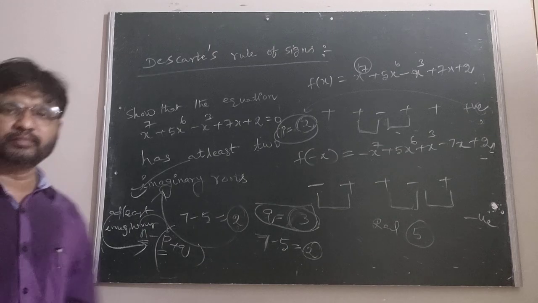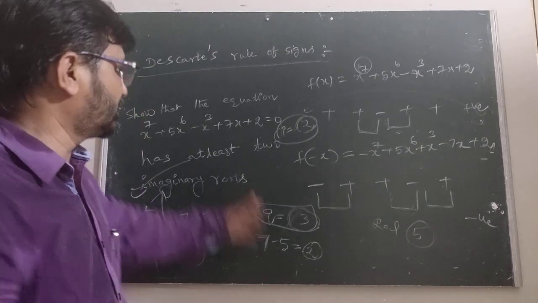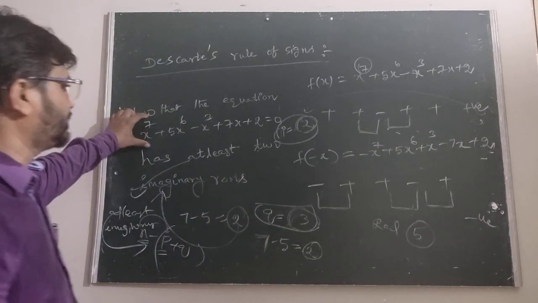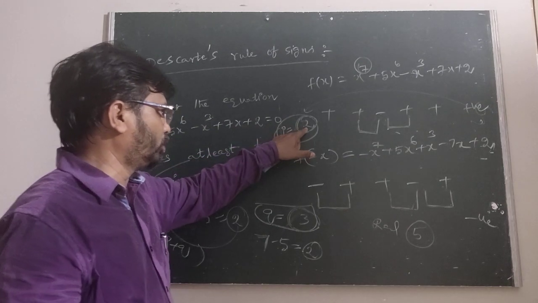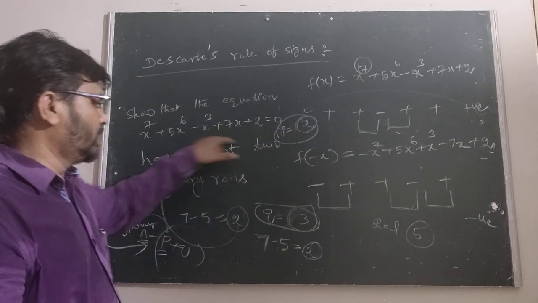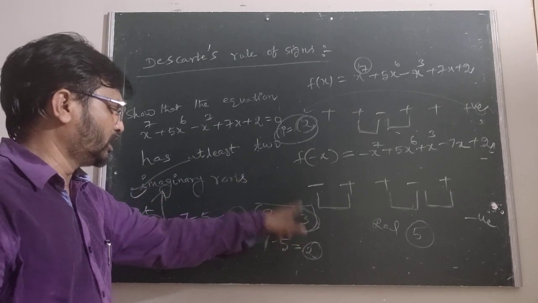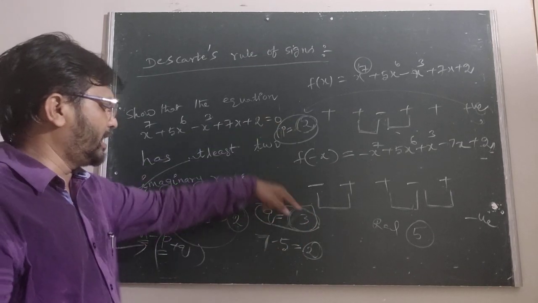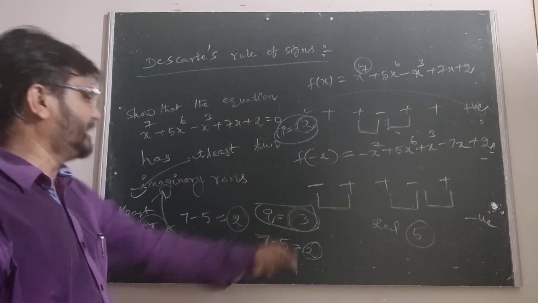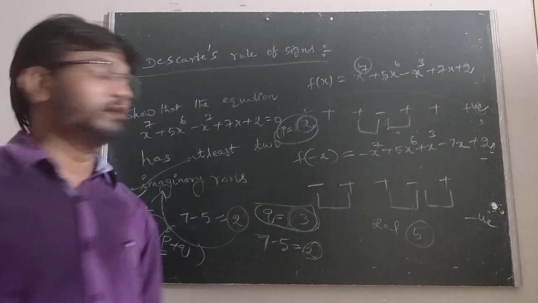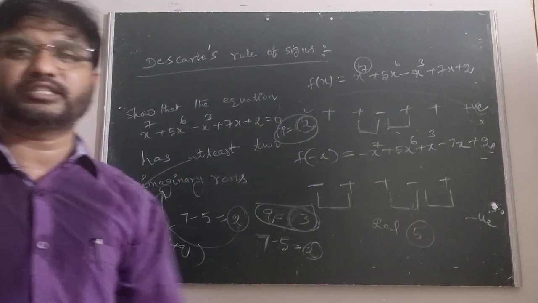Understand everyone? Here the equation has at most 2 positive roots and at most 3 negative roots. Therefore 7 minus 5 is 2, at least 2 imaginary roots. This is the method of Descartes' sign rule.